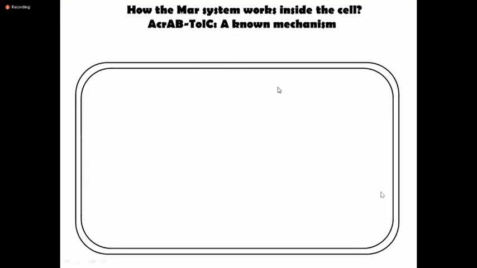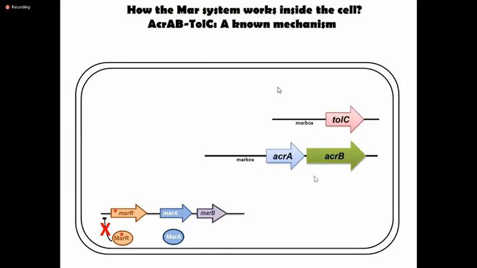So now, this is the known mechanism, ACRAB TOL-C. Here's the cell, and this is the MAR-R system. MAR-R has a mutation in it to give multiple antibiotic resistance, and hence MAR-A is produced. This MAR-A targets these two genes, ACRAB TOL-C, and upregulates the expression of efflux pumps.